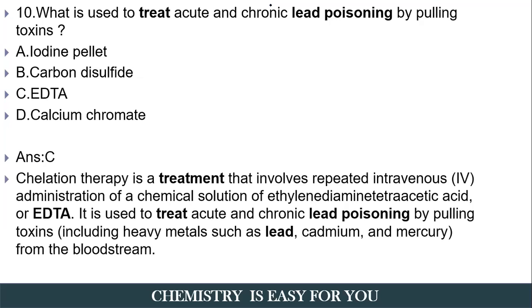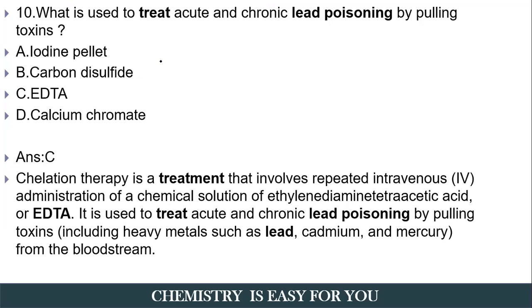What happens is, it's something called chelation therapy. Here, the treatment involves repeated intravenous administration. What is intravenous? Injected directly into the veins. So into the veins, a solution of EDTA is administered in chelation therapy.